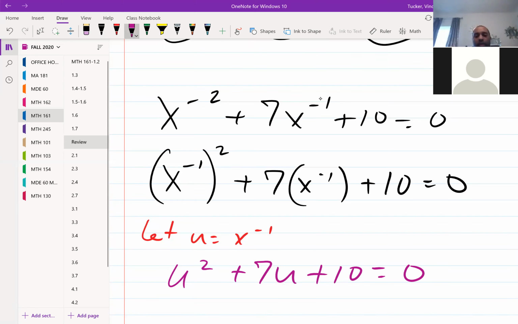So anybody have any questions, feel free to ask. But we have an equation in quadratic form. We see that we have x to the negative first power here, and then in our leading term, x to the negative first power is being squared.